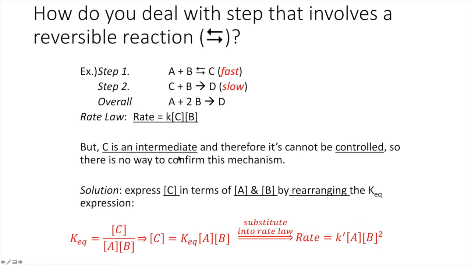I substituted it in right here, so concentration of C equals this, and I substitute that in right there. And as I said, I smashed together the two constants, and there was a concentration of B in there, so that's why I made that a concentration of B squared.